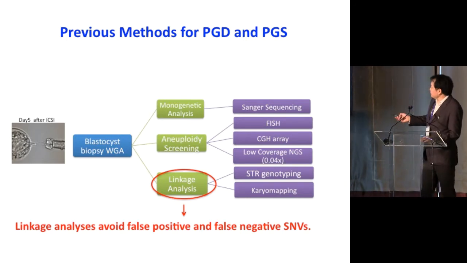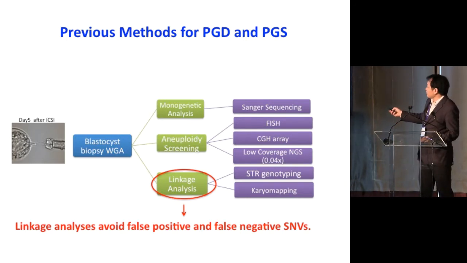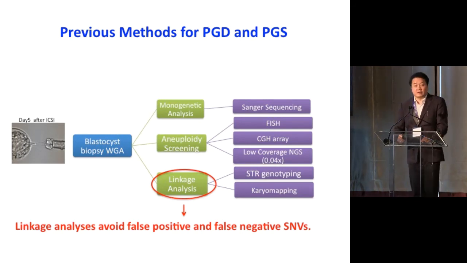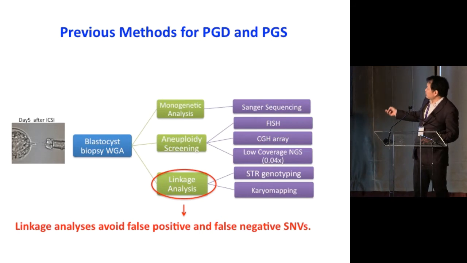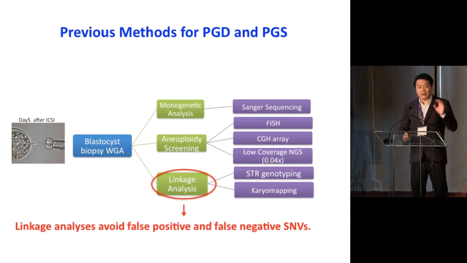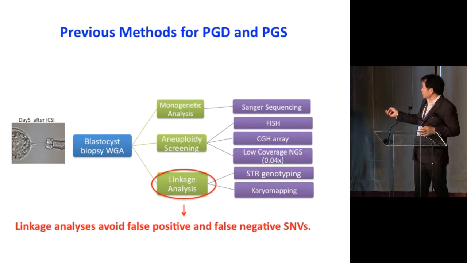So traditionally, people do it with STR genotyping, and more recently, the karyomapping developed by Alan Handyside, Illumina commercialized it, worked very well. But these lineage analysis procedures are not quite compatible with the previous PGS, PGD. It's not compatible with next generation sequencing.